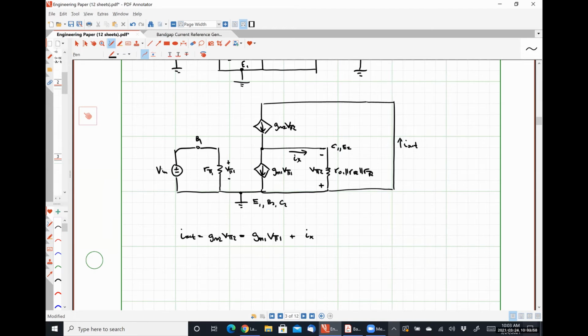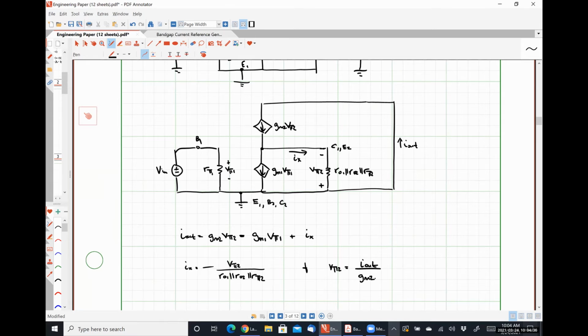I can say that Ix is equal to negative v pi 2 divided by those three resistors in parallel. And v pi 2 is simply I out divided by gm2. This is me rearranging this equation.